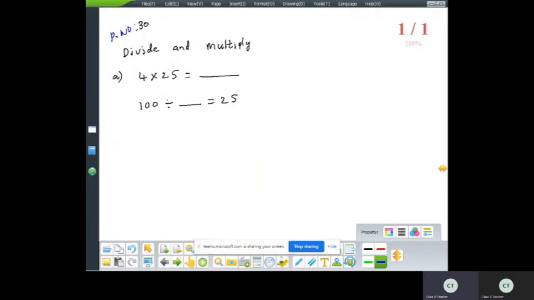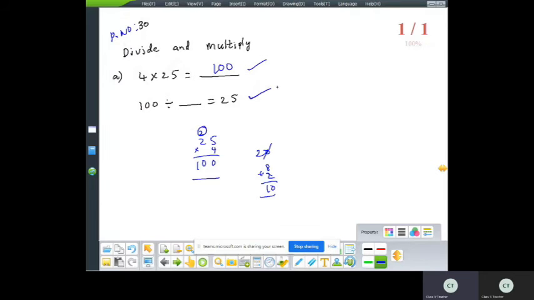See, first 4 into 25. 4 5s are 20. First digit 0 right here, 2 is going up and here, 4 2s are 8, 8 plus 2 is 10, directly right here. Yes. 4 times 25 is 100.